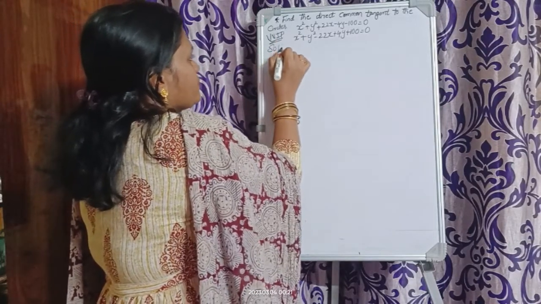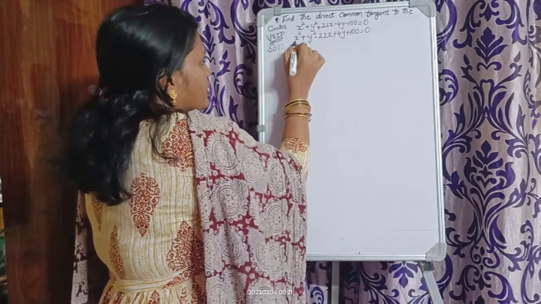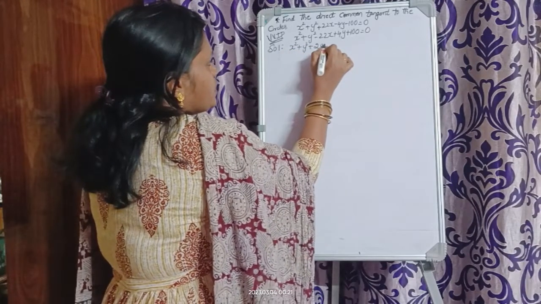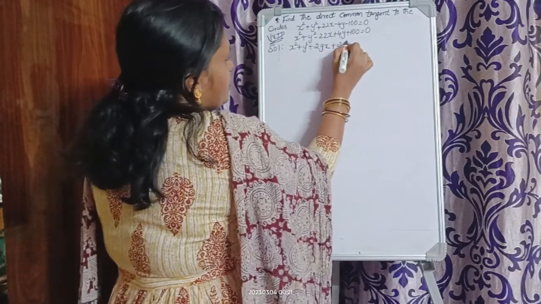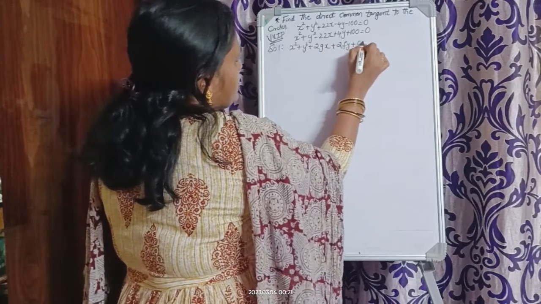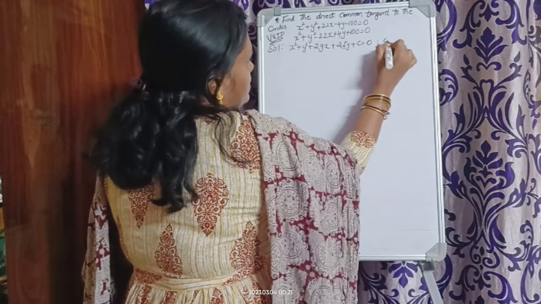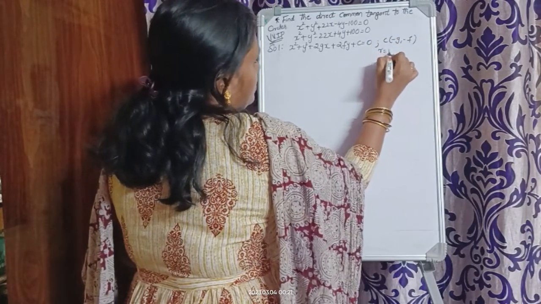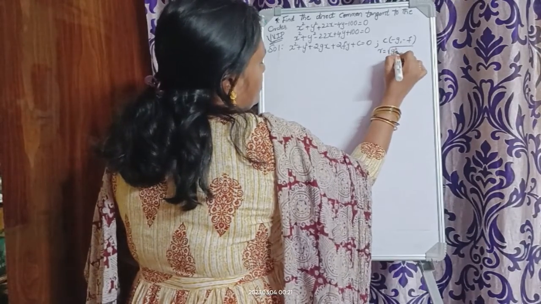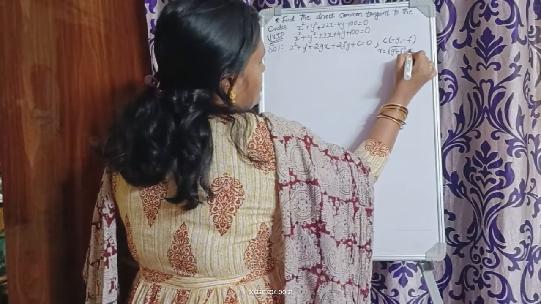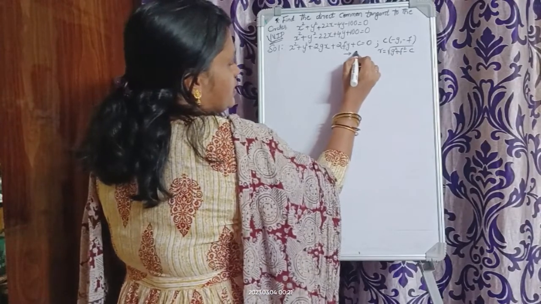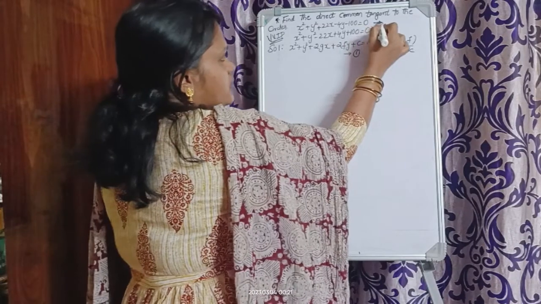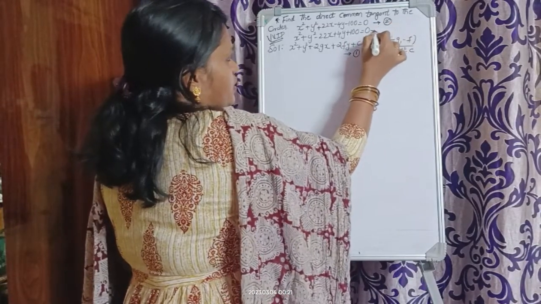So first we need to write the standard form of the equation: x square plus y square plus 2gx plus 2fy plus c is equal to 0, with centre as minus g comma minus f and r equal to the square root of g square plus f square minus c. I'll call this equation 1, and the given equations I'll call equation 2 and equation 3.